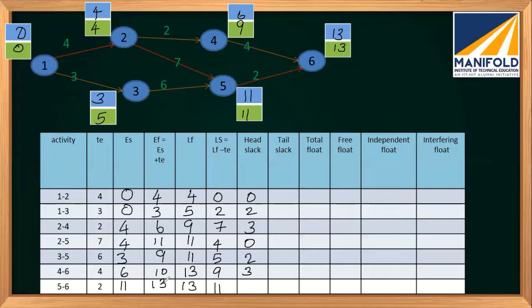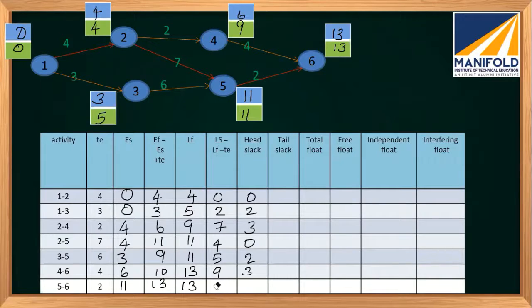There is some mistake. The earliest finishing time for this one is not 11. Okay, sorry, this will be 13 itself. Actually, I made a mistake. So let's correct that mistake and do it from the 13.